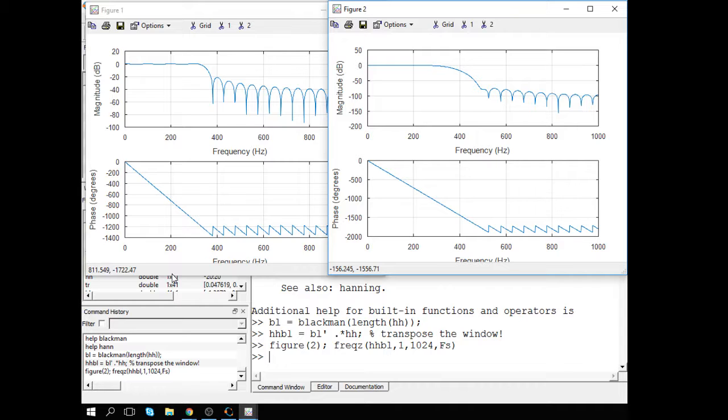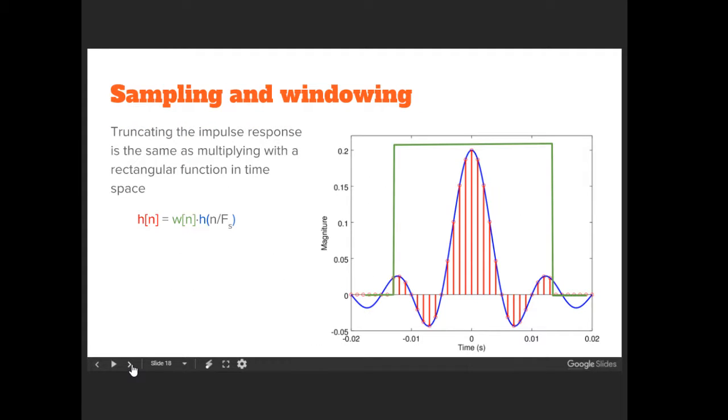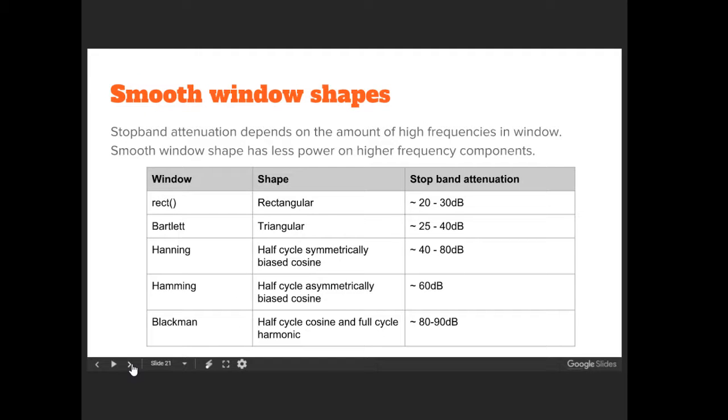Next, let's go back to my slideshow. So the window method: start with an ideal low pass filter, and so on. Basically those three steps: sampling, convolution, and then some window shapes. Rectangular stop band attenuation is only between 20 and 30 dB.